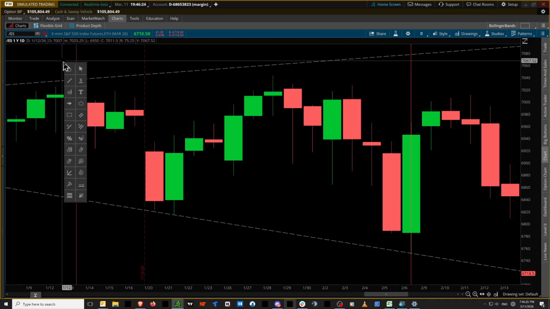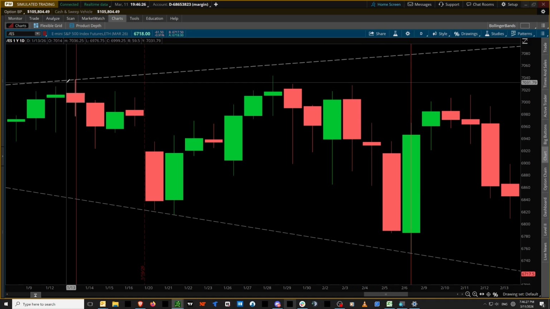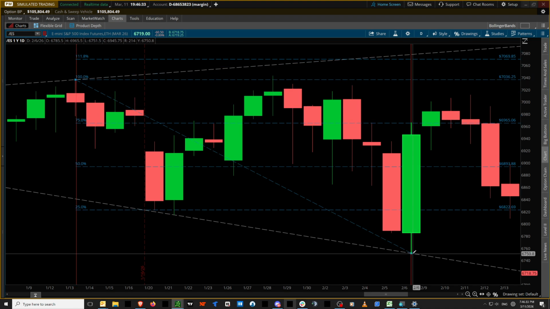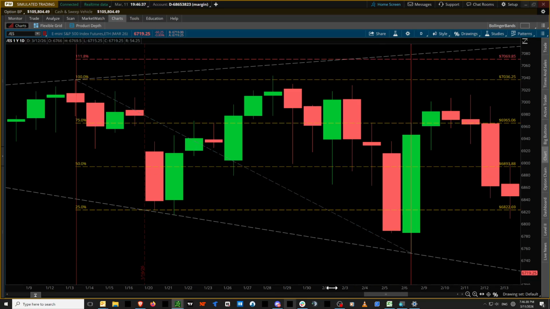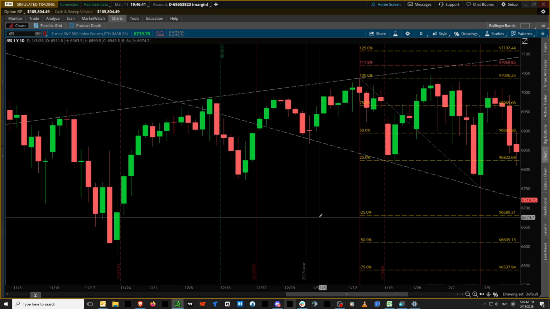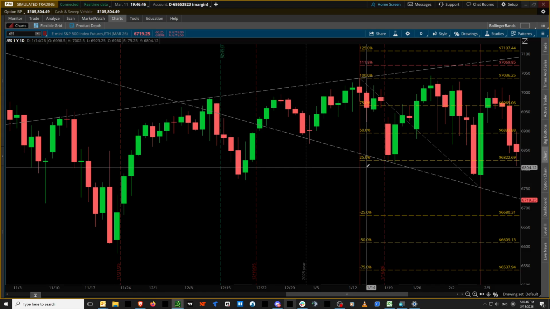Let's put our fib in. Here to here. Come on, Thinkorswim, work with me here. All right, and there's my vertex on the left. The vertex must be on the left.